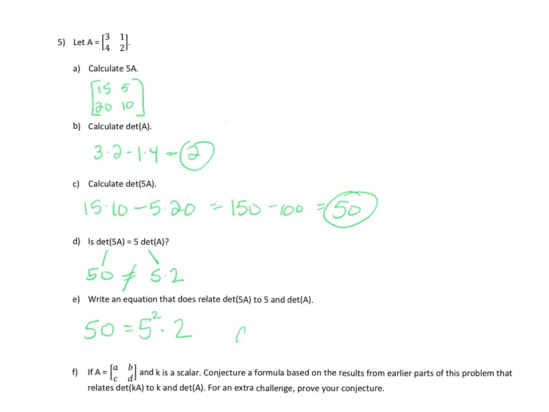So that means that the determinant of 5A is equal to 5 squared times the determinant of A. Interesting.